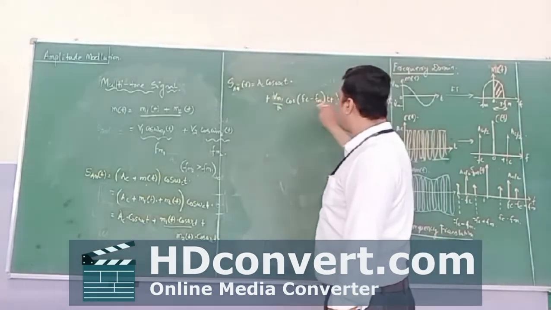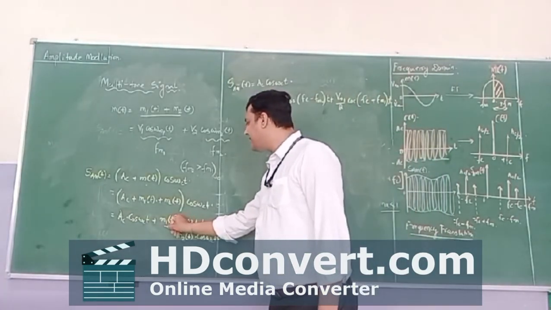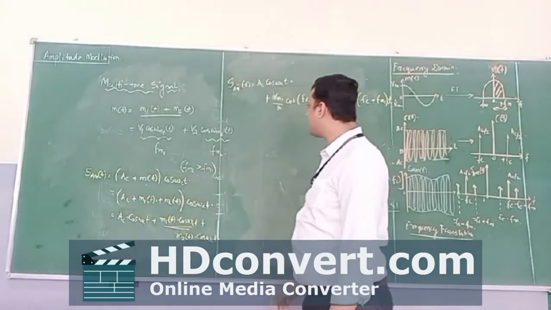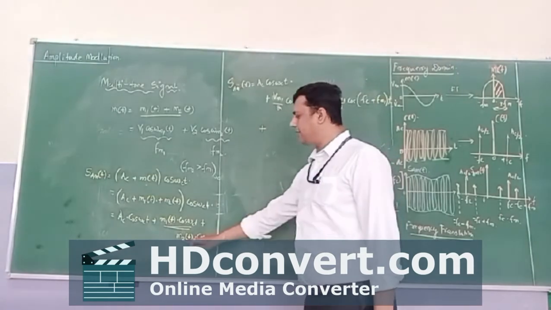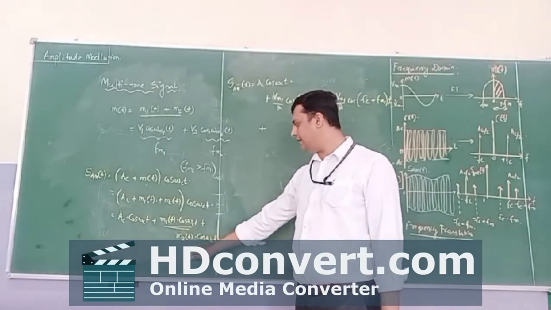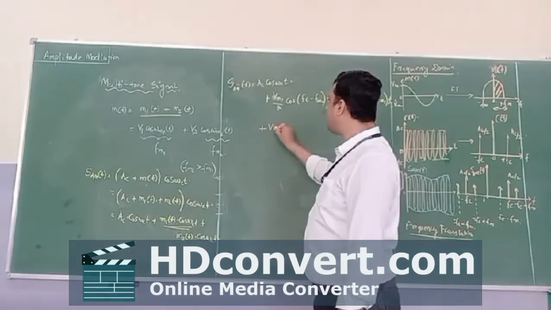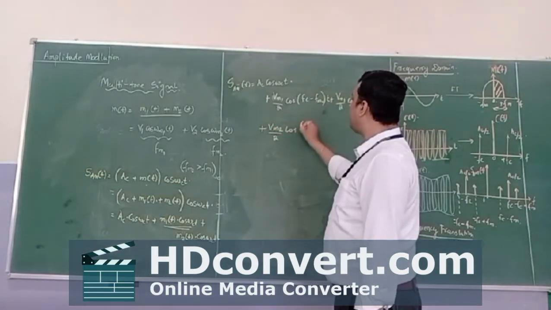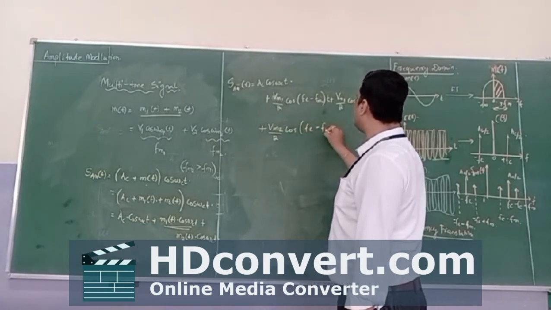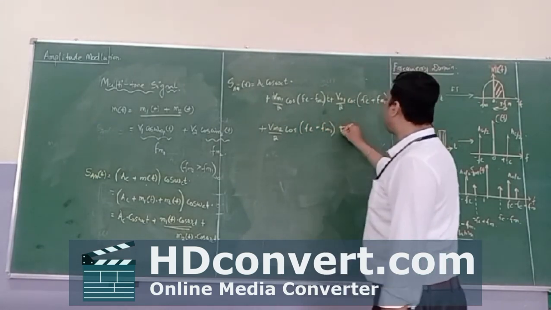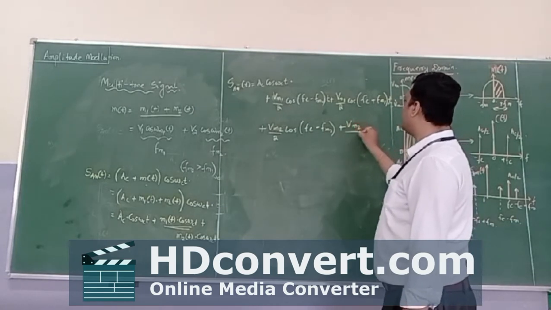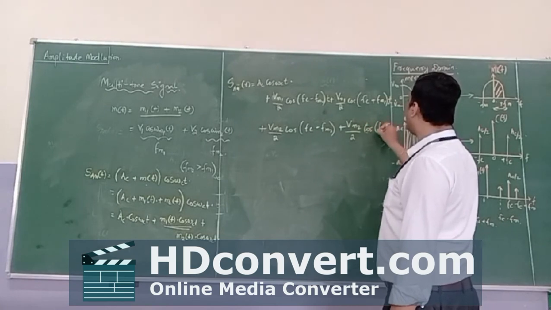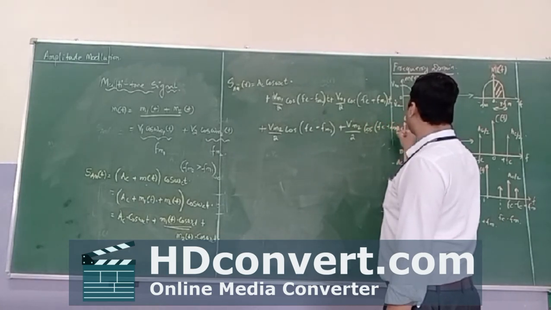So these are the two sidebands extracted from m1 of t cos omega ct. Similarly, if I expand m2 of t cos omega ct, I will get Vm2 by 2 cos of (Fc minus Fm2) t plus Vm2 divided by 2 cos of (Fc plus Fm2) t.